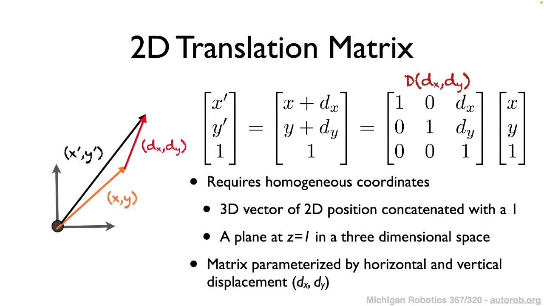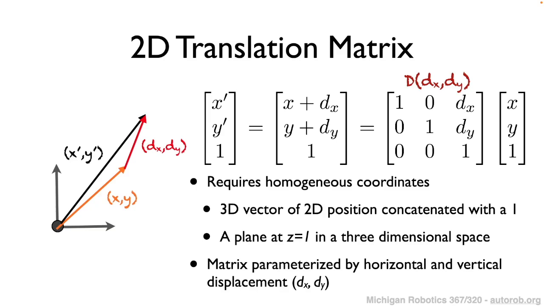That is, we can express a 2D translation as a matrix multiplication in what's referred to as homogeneous coordinates. The way that we do this is illustrated on this particular slide, where within the matrix on the right-hand side of this equation, we have our transformation expressed as a 2D translation matrix. Within this, you'll see that we have our offset in the x dimension and our offset in the y dimension as 2 of the elements within the third column of the matrix.